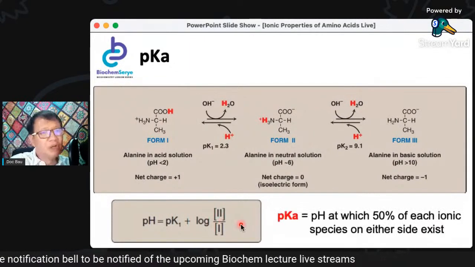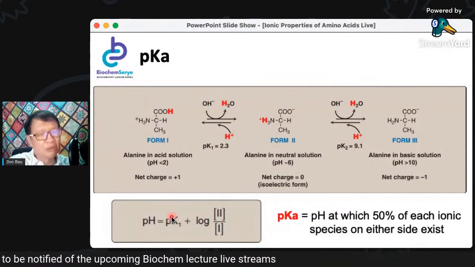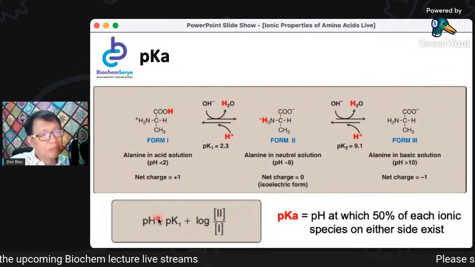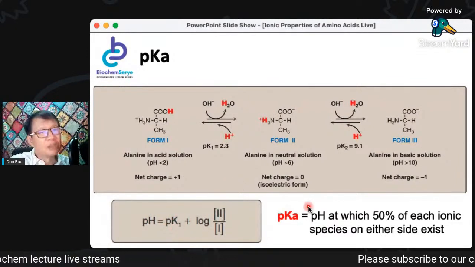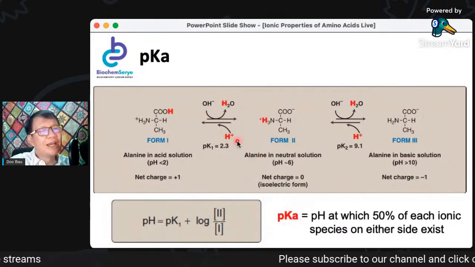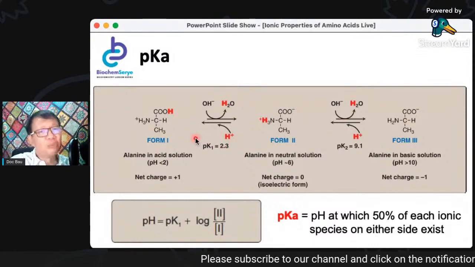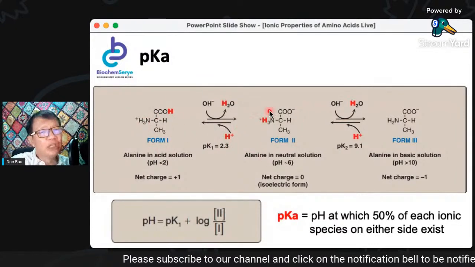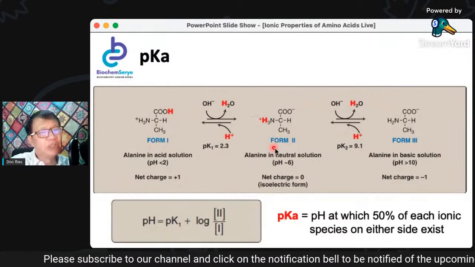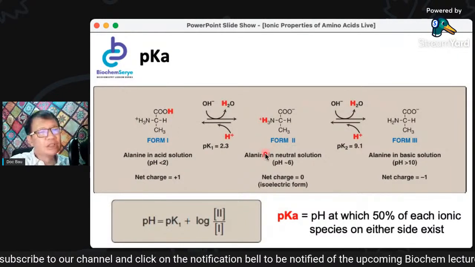Now the pH becomes your pKa. So your pKa is the point in the titration curve wherein you have 50% of each of the ionic species on either side.